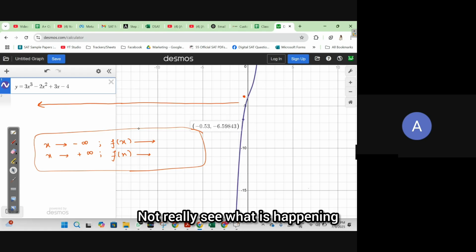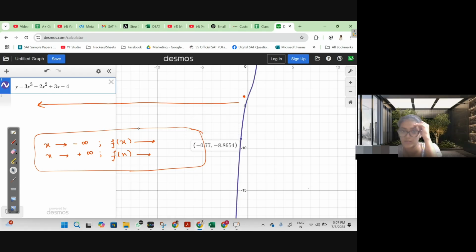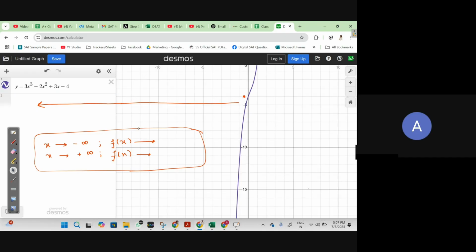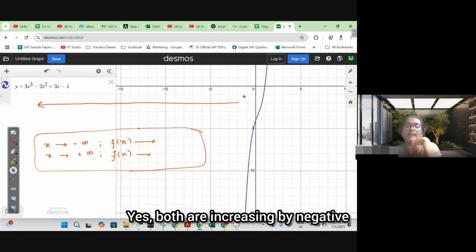See what is happening as I'm going left. What is happening to the x values? Isn't it technically decreasing? And the y values are also decreasing. Yes, both are decreasing.